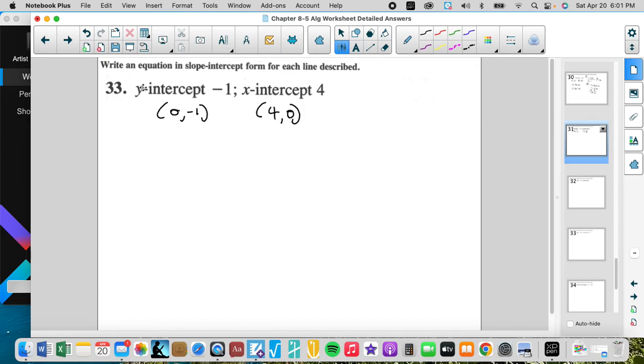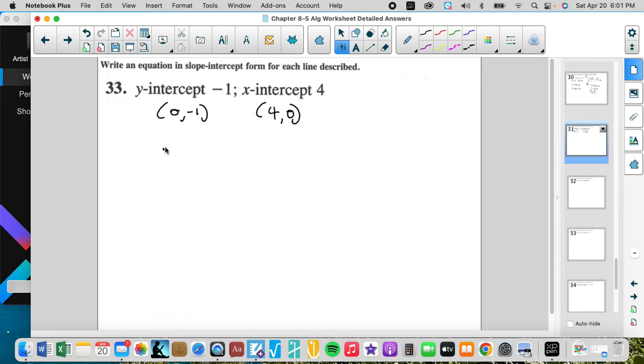We know that in the y-intercept, my x is always going to be 0. We know in the x-intercept, my y is always going to be 0. Now, I don't necessarily need this. I'll show you a couple methods because we got a couple problems over here. So I'm going to do this first. I'm going to put in the x and y.